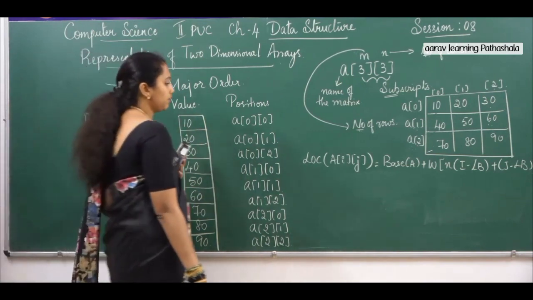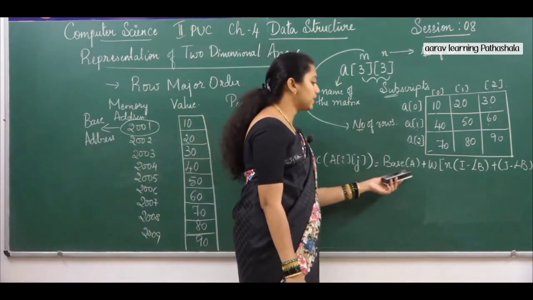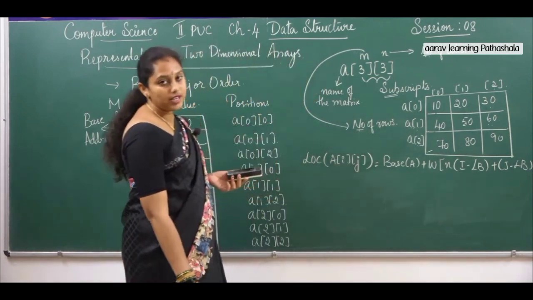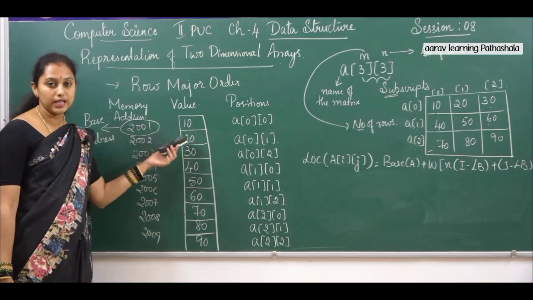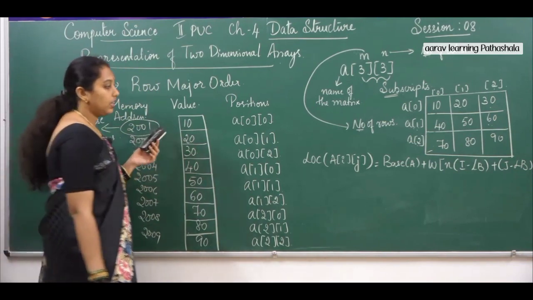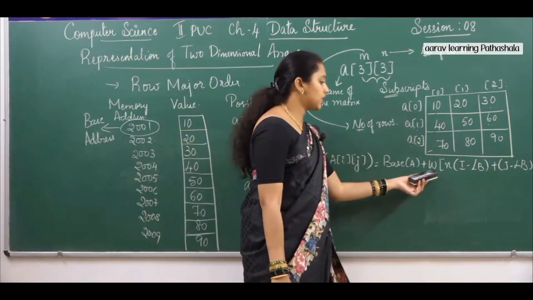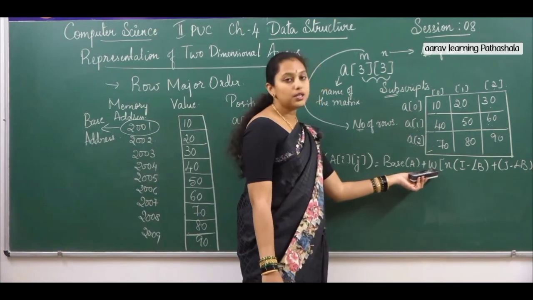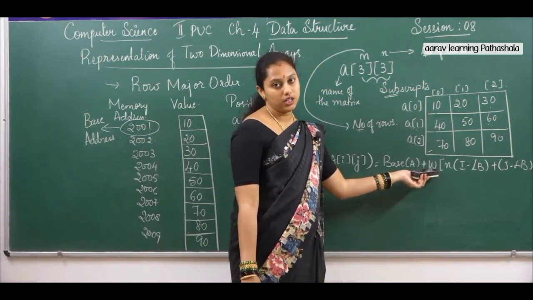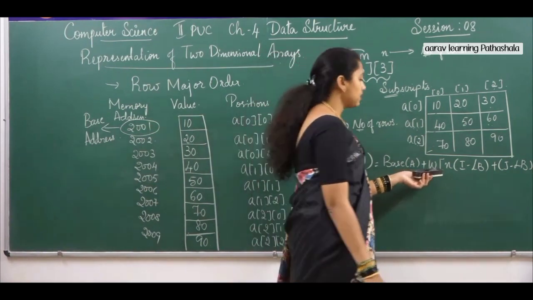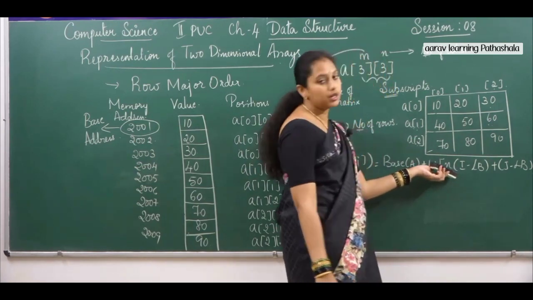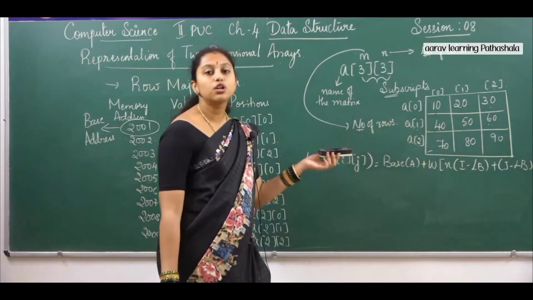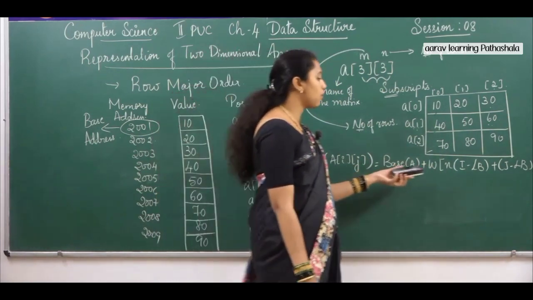So now let's see what is base of A. Base of A is nothing but the address of the first element in an array. Then W is the word per memory location, and n represents the number of columns.